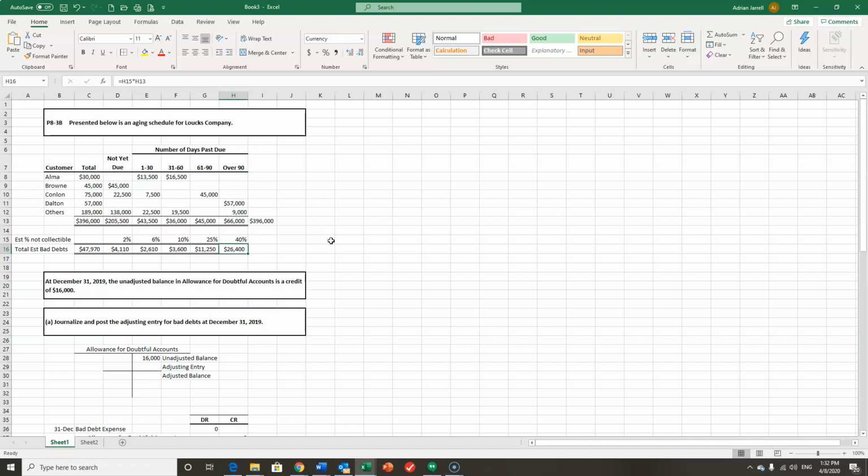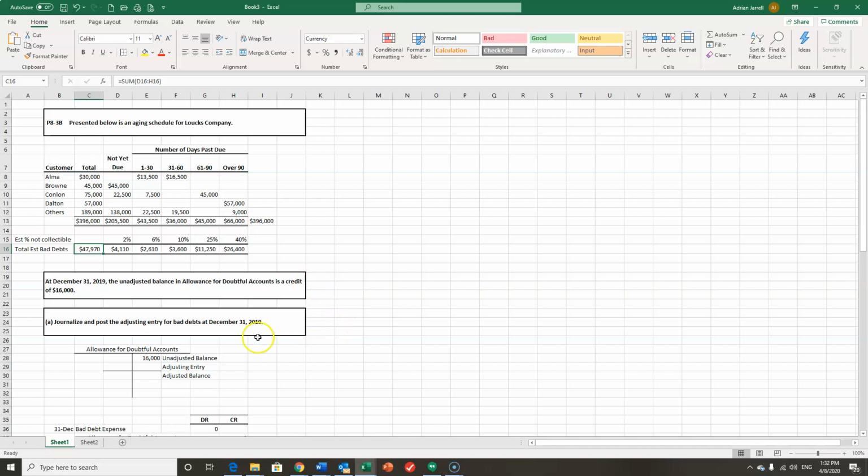All the way down to these, where we expect to lose 40% after 90 days, and that is 26,400. The total is $47,970, and we have an allowance for doubtful accounts credit balance of $16,000.